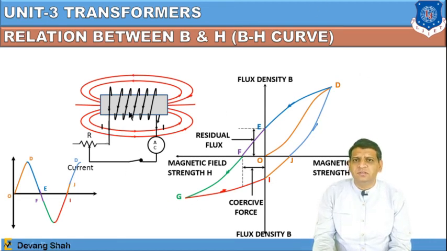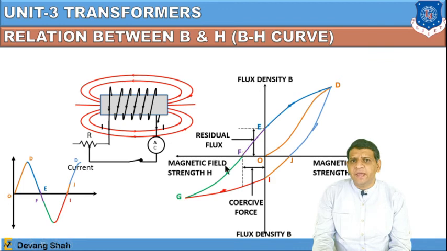So you can see we have applied the AC signal, the complete cycle, you can see from O to D, D to E, E to F, F to G, G to I to J, and J to again D. The complete full cycle is defined as you can see the arrow here for the first positive quarter cycle, that is you always get from 0 to D, and from D to E, right?